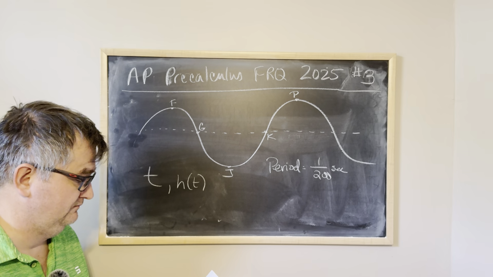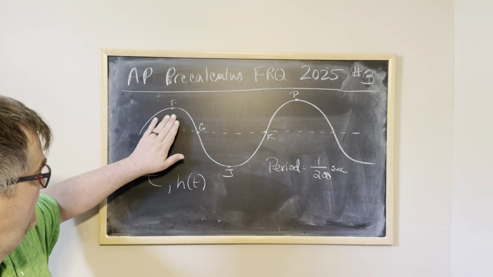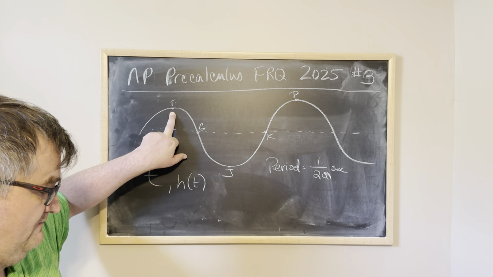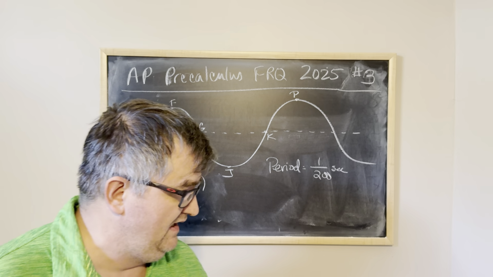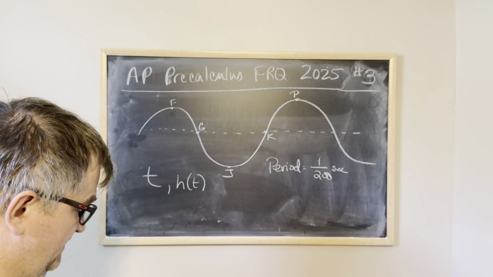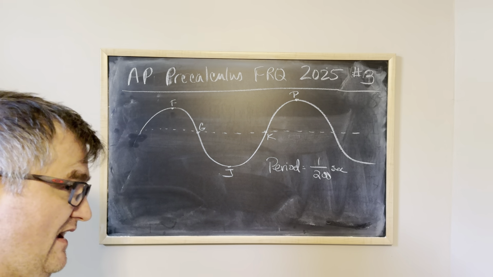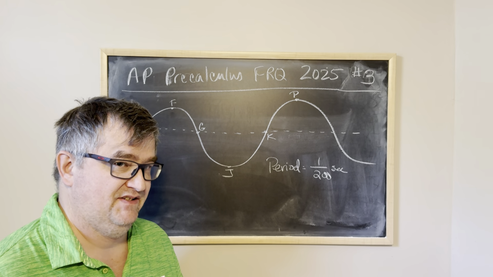So, if we start here, what I would say that you need to do is to understand your y values at first, and then you can work out your x.